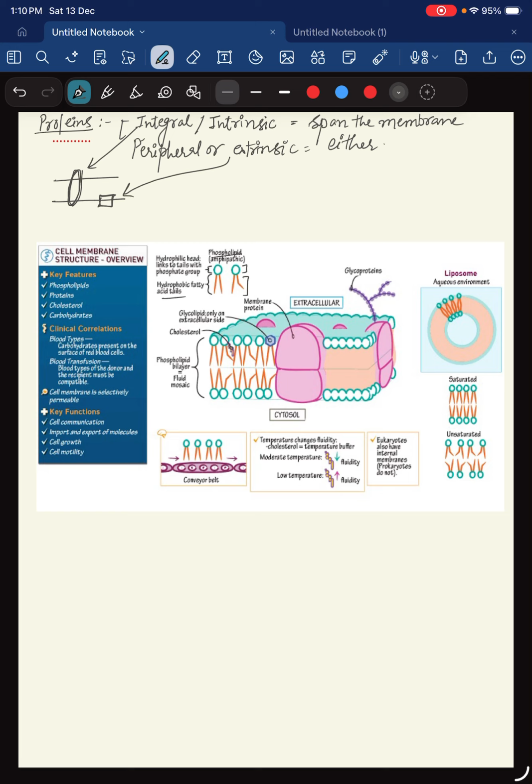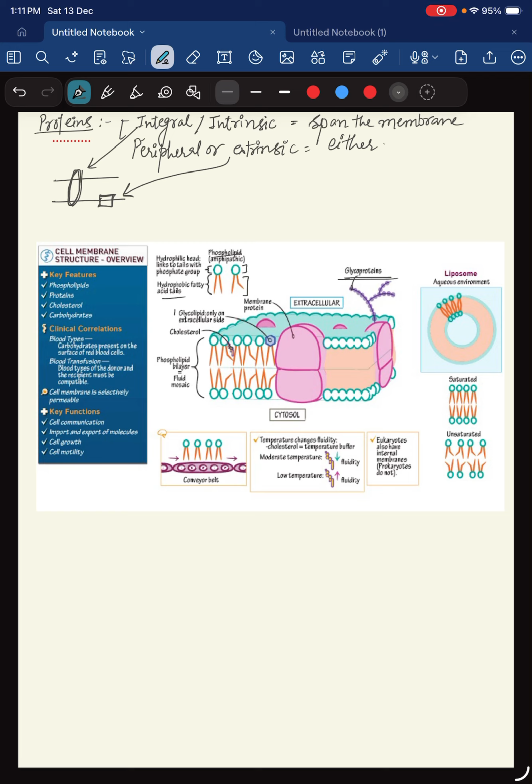Last, we saw the third type of component, which is carbohydrates. Carbohydrates are short, unbranched or branched chains of sugar attached either to exterior proteins, which forms a glycoprotein, here you can see in this diagram, or to the polar ends of phospholipids at the external surface of the plasma membrane, which form glycolipids.